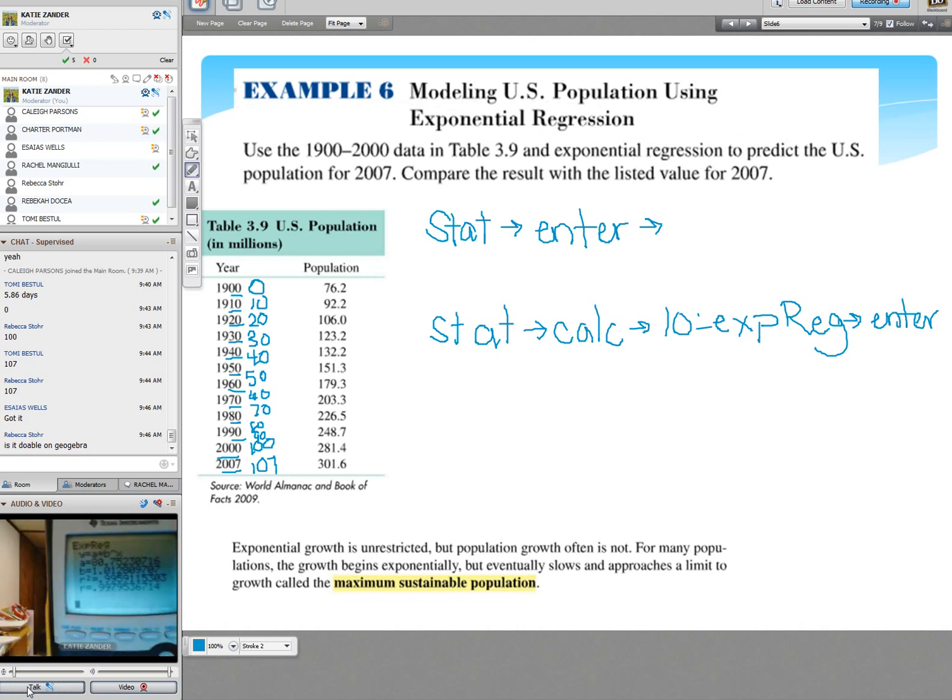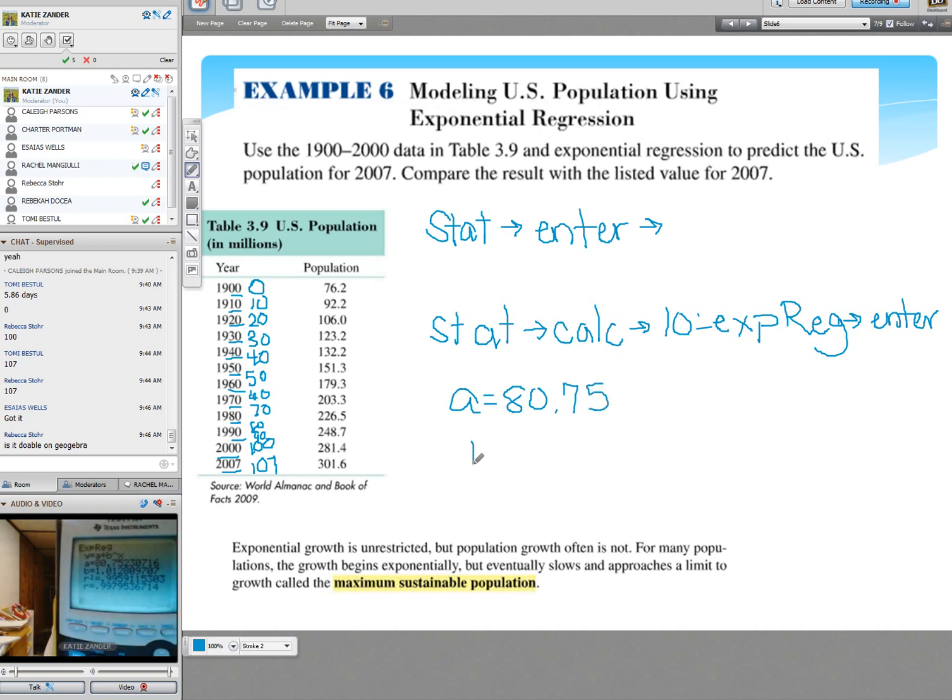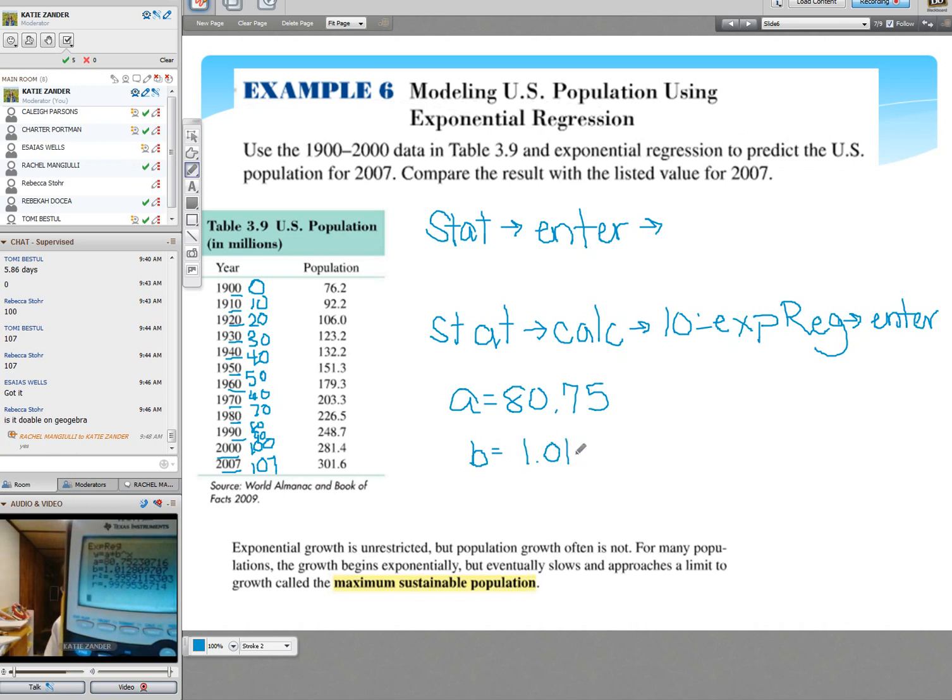All right. It gave you values for A and B. Did everybody get the values of A is around 80.75 and B was around 1.0128, it looks like. A is your initial value, so it's slightly off from what we started with. But it is a regression line, which means it's not perfect.